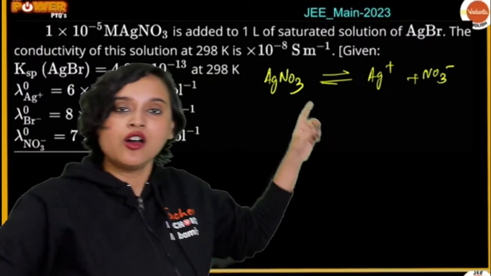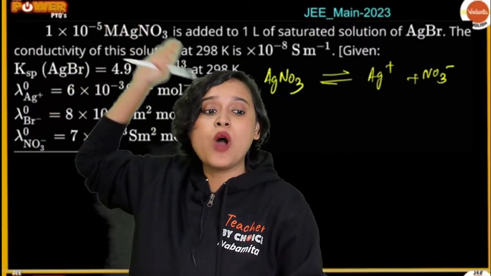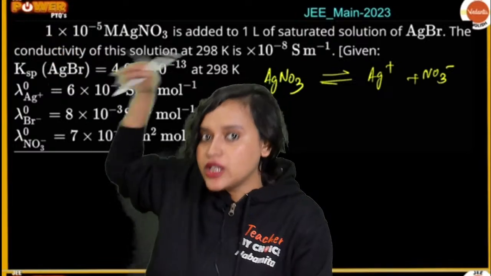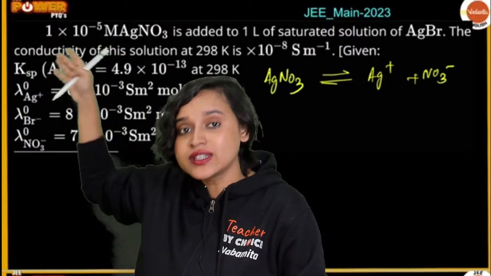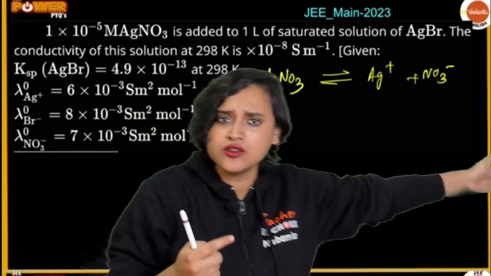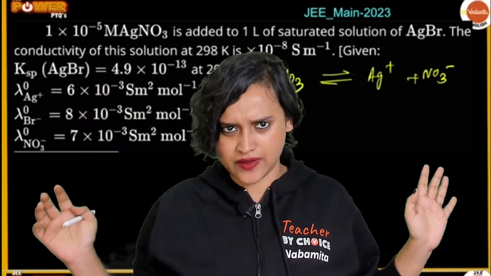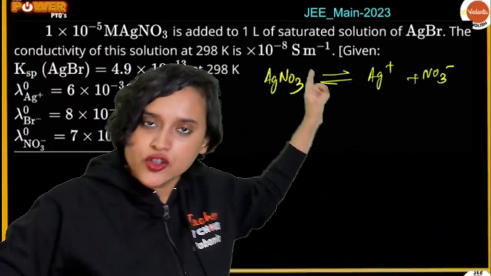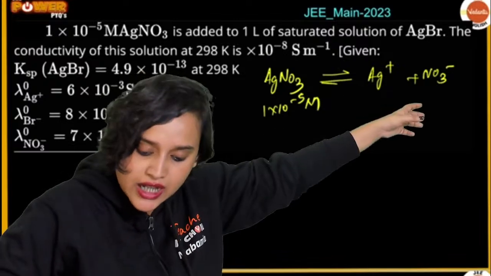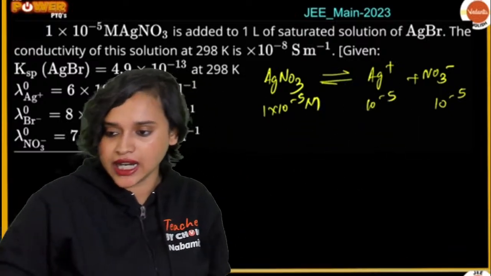The question says you are taking 1 into 10 to the power minus 5 molar, so if AgNO3 dissociates, you will get 10 to the power minus 5 Ag plus and 10 to the power minus 5 NO3 minus. Am I right?